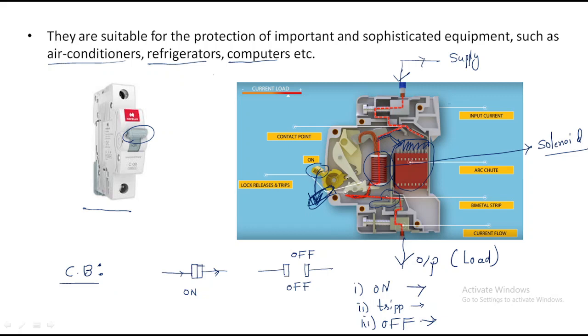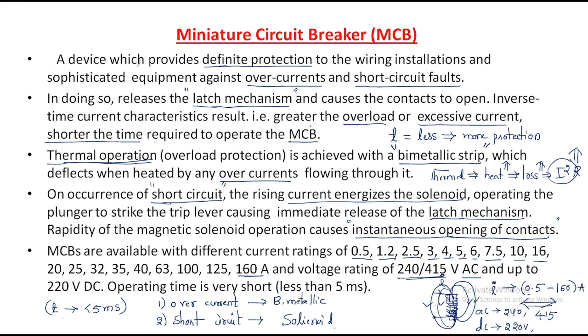So this is the very important miniature circuit breaker, because in our domestic purpose, in our daily life, we are using this breaker as our switch, and it protects our homes and offices.